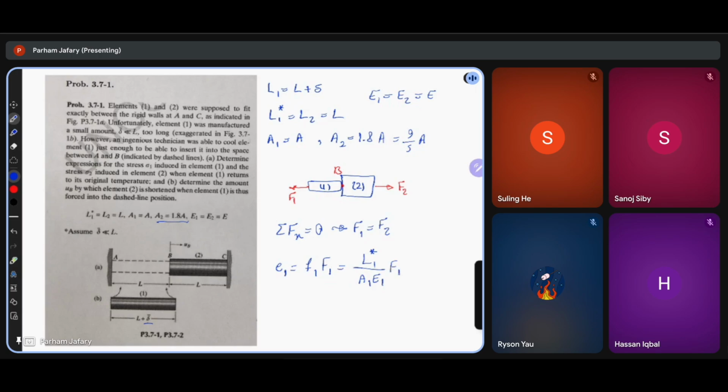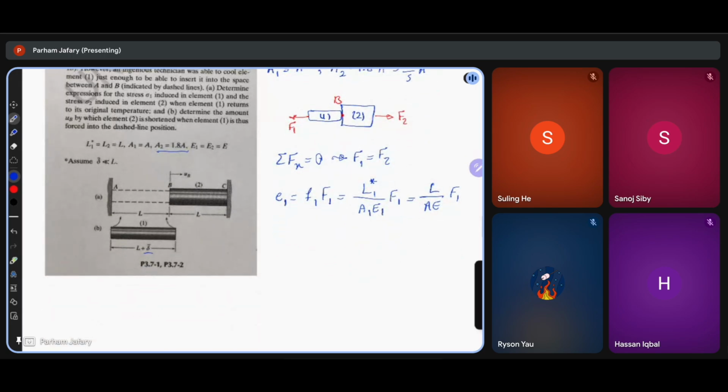And the reason I'm putting the subscripts for them is that in the exam you might have different cross sections and different materials, so then they would be different. Here they will be simplified further, so I know that it's L over AE times F1.